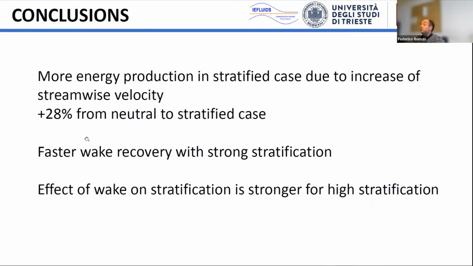There is also a faster wake recovery because, as we saw, there is this downward movement of the wake toward the bottom, and the effect of the wake on stratification is stronger because of this rolling effect that is due to the faster upper layer going inside the bottom.